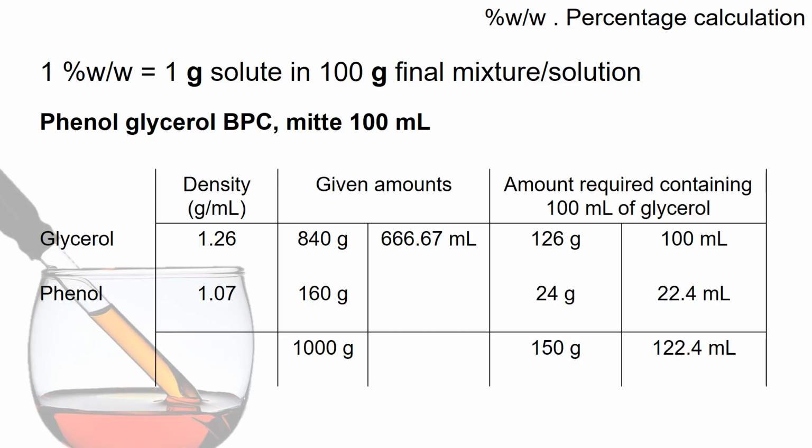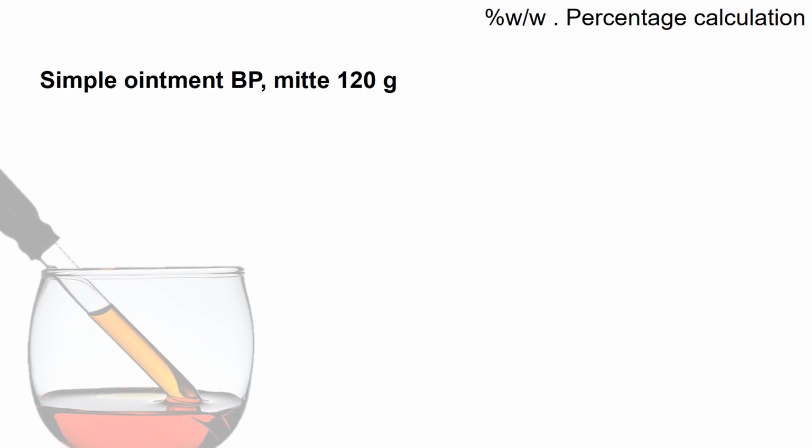In this case, you have 120 ml, which is more than enough for you to dispense adequate formulation to your patient. We have another example here where you have to prepare a simple ointment BP and 120 grams of it.